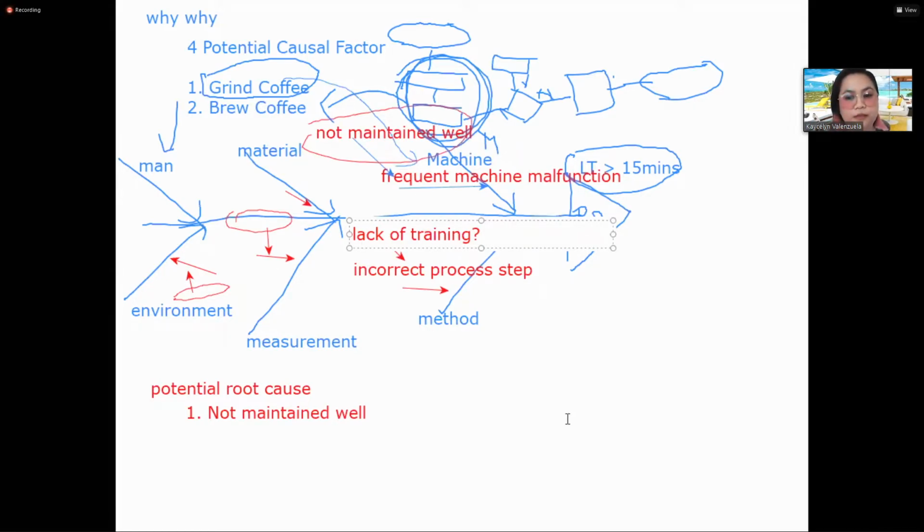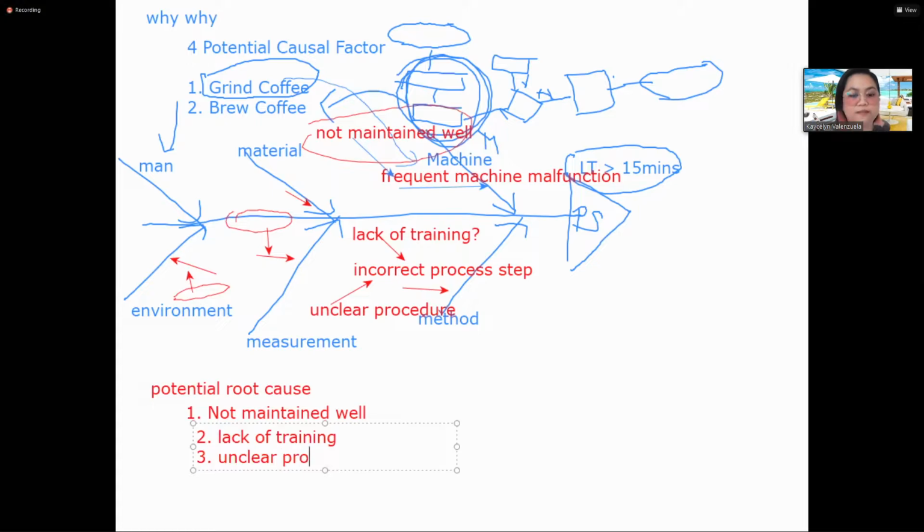Pwedeng may isa pa tayong reason. Let me just erase this arrow. May isa pang potential reason kung bakit incorrect yung step, related kay method pa rin, can be unclear yung procedure. Diba? Meron na tayong dalawang potential root cause. So, it can be a lack of training or unclear procedure.